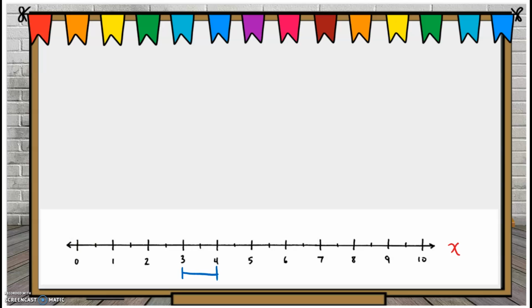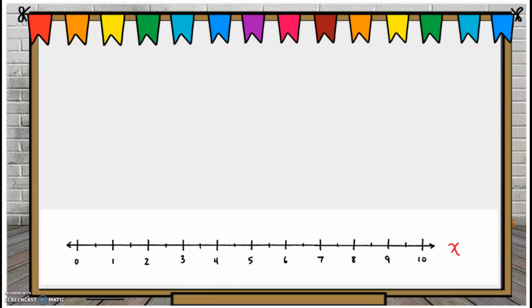If this is a whole unit, half a unit will kind of just be right in the middle. So what is that point? We're going to go ahead and write that down as 3.5. It's half a unit further from 0 than 3, and it's right between 3 and 4. So that point is called 3.5.